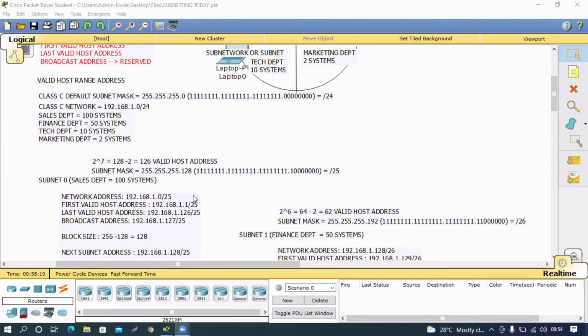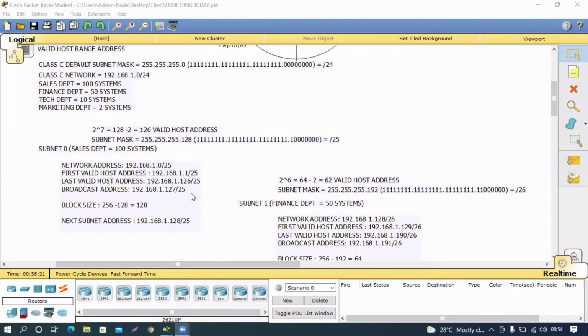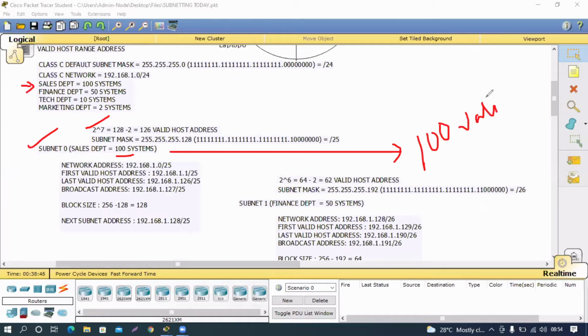Over here you have the explanation, everyone. First of all, this is our subnet, subnet number 0. We are doing subnetting for our sales department, 100 systems. We have to find the power of 2. The requirement is 100, meaning you need 100 valid host IPs.